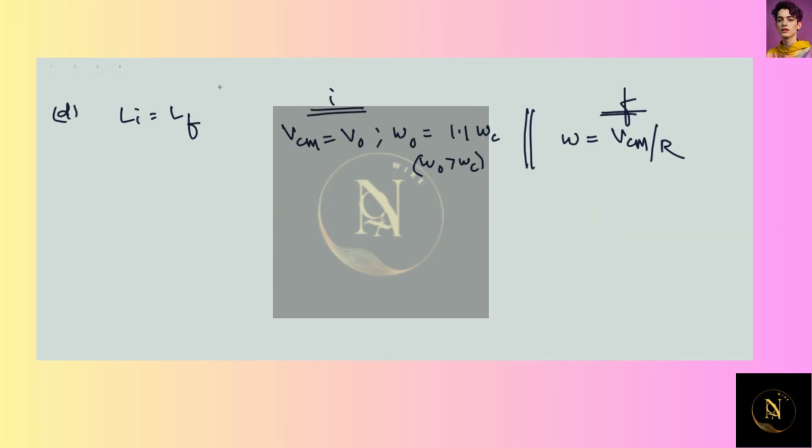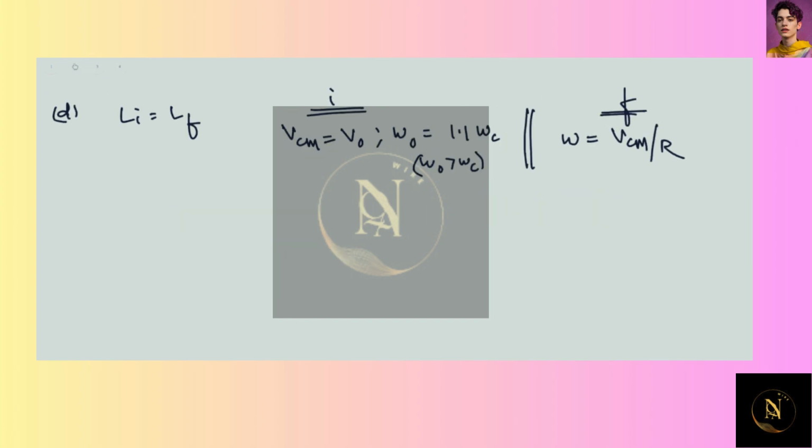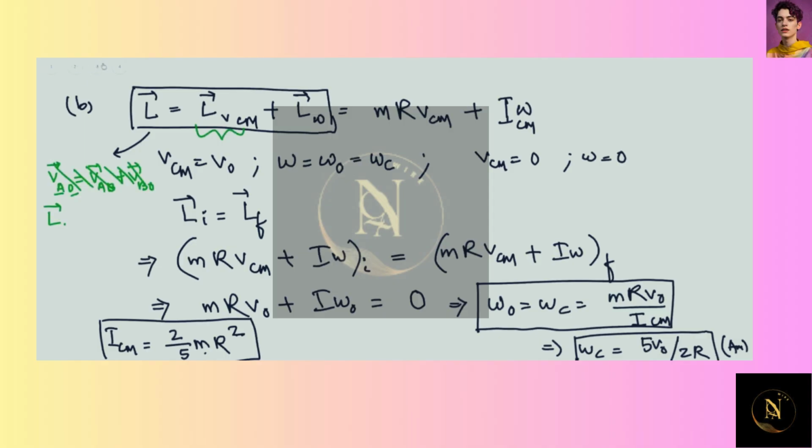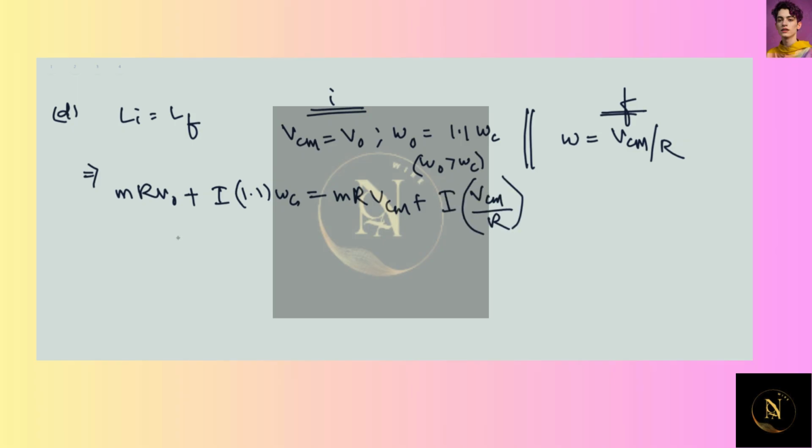Now let's plug this equation, including this, over here, and you'll arrive at mrv naught plus I times 1.1 omega c equal to mrvcm plus I times omega, which can be written as vcm over r.